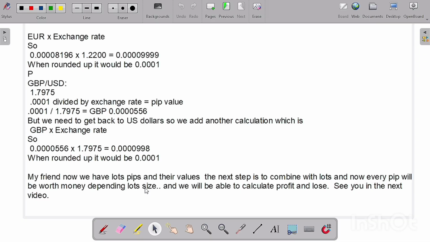When you are trading a currency where the dollar is the quote, you'll know how much you would pay for every pip that moves in the market, and we'll be able to calculate profit and loss.